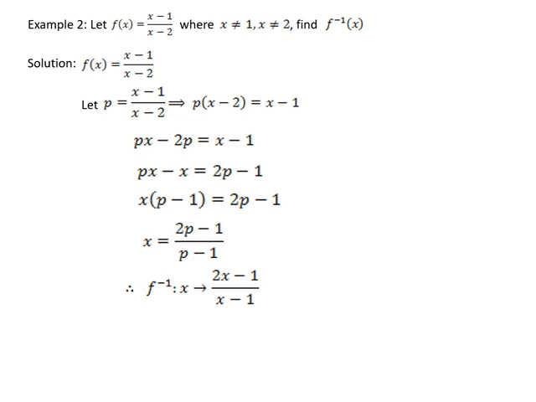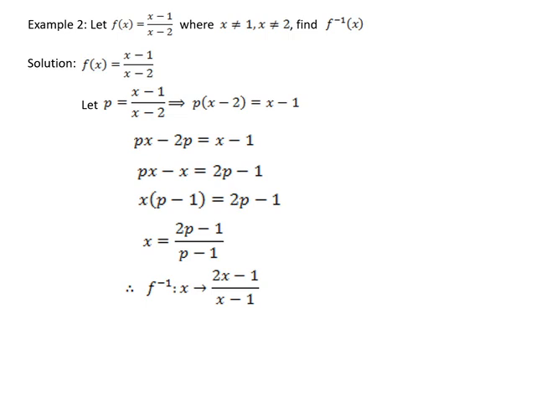We open the bracket: ps minus 2p equal to s minus 1. Then we rearrange, take the terms with s on one side and the ones without s on the other side. Then we take s outside here. We get s into p minus 1 equal to 2p minus 1, where we want to make s the subject of the formula.